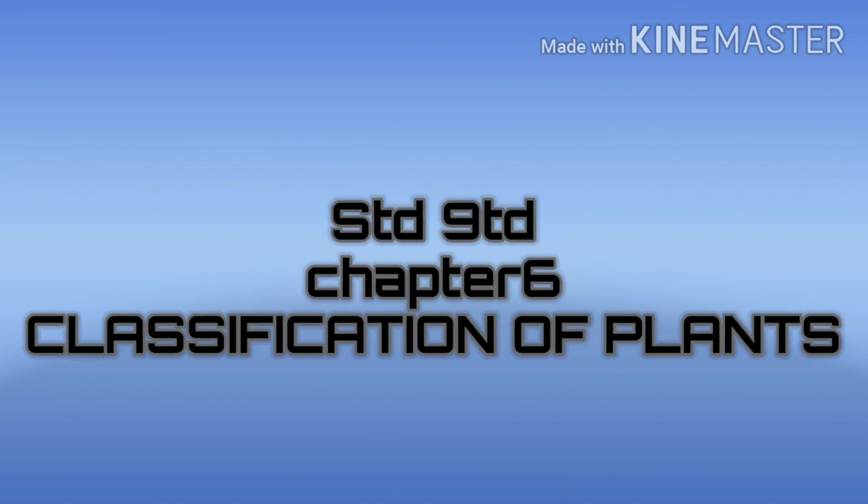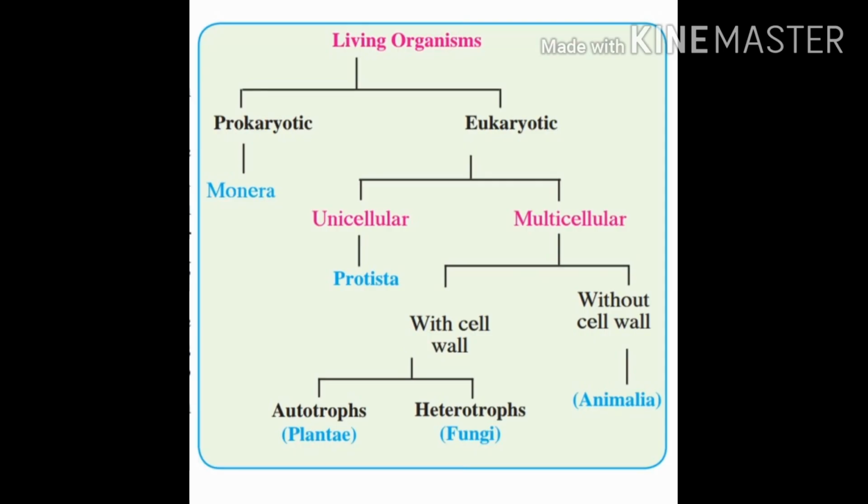Dear student, today we are going to learn the topic of Science 2, chapter number 6, Classification of Plants. Dear student, there are tremendous varieties of living organisms on the earth, which is called biodiversity.